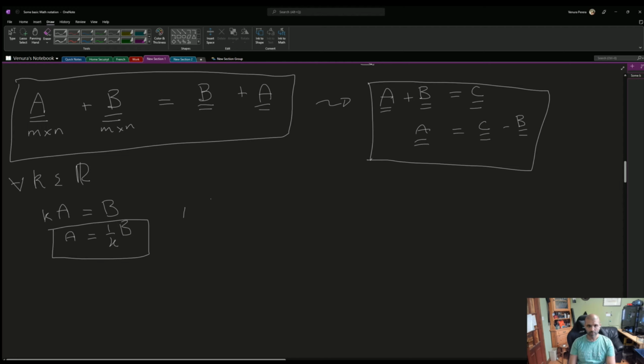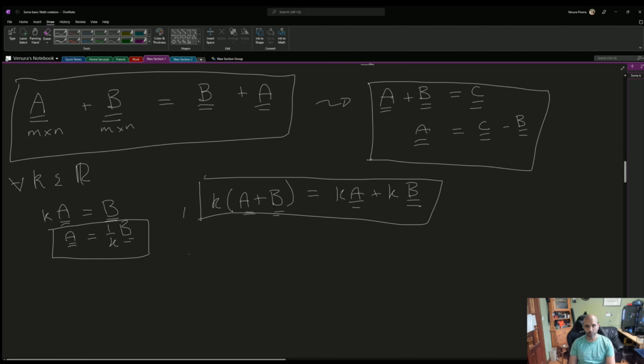Another one to keep in mind is, if we have a plus b, that is equal to ka plus kb. Apologies for missing that out. Another quite important little rule to keep in mind. So we've got a couple of rules around scalar multiplication that you should know. It is quite good to know.